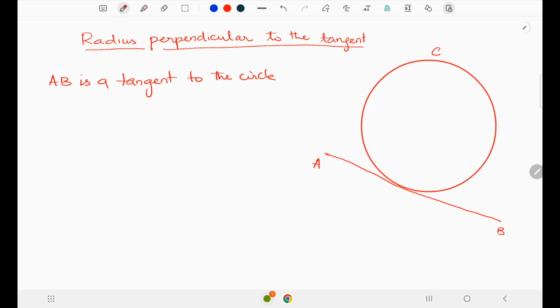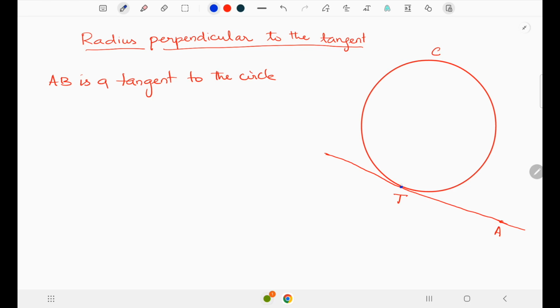Here what is happening, it touches the circle at the point T. Assume that we have any point, say this is the tangent. No need to mention the name of the line. So assume that the point touching the circumference is T, and some point I take as A, I put in a different color.